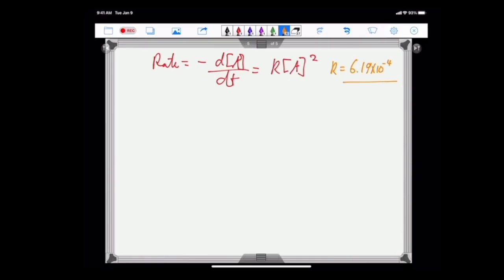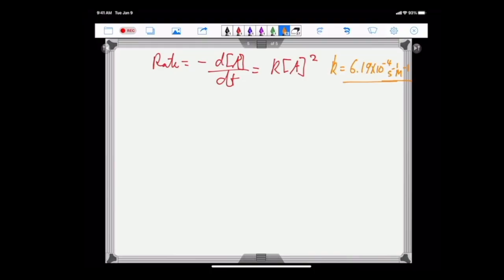And because it's a second order process, what must the units of that K value be? Remember, if it's first order, it's just per second. If it's second order, it's per second and we need a concentration value to knock out. So it's per second and per molar. That's one of the ways, if you're just given a K value and you see this concentration in that term, it's a second order rate constant. Okay.